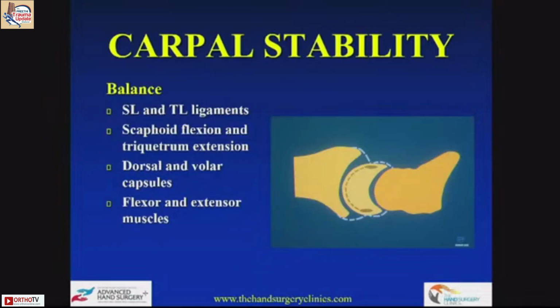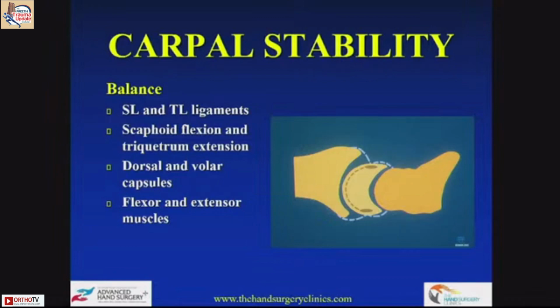So to understand the DC and the VC patterns, which are very confounding and very intimidating for a lot of us, I remember these terms used to scare us during our residency days, but it's really not all that difficult. Before we understand instability, I think it's very pertinent to understand what carpal stability is all about.